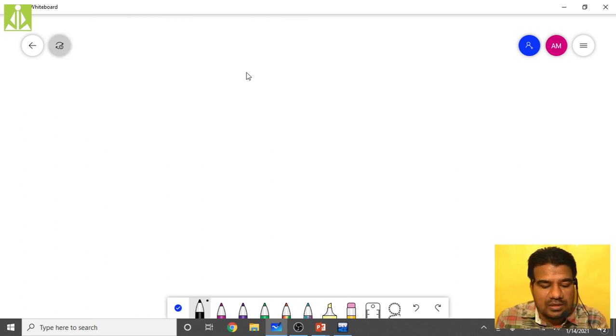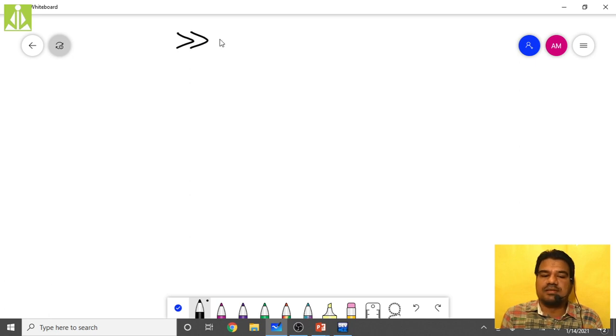So I will take that operator over here, bitwise right shift. How can this operator be represented? Two greater than symbols. So it is pointing towards the right. So this particular operator is the bitwise right shift operator.